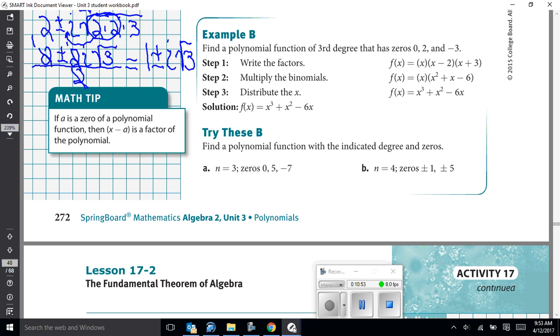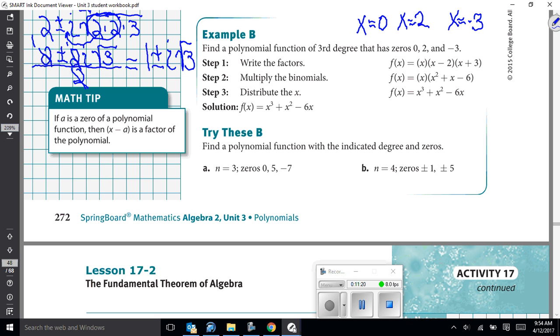Here it's giving us the zeros. We know that x equals 0, x equals 2, and x equals -3. So these are our zeros.